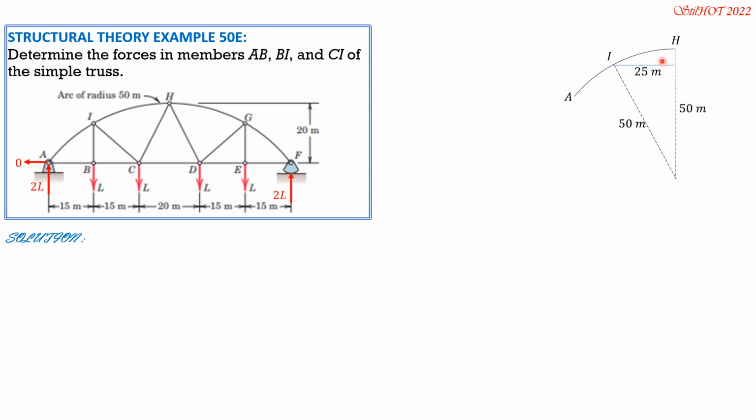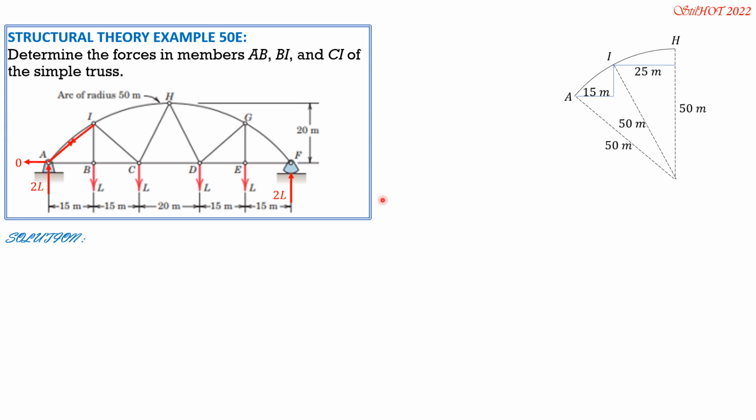Then, because this is horizontal and this is vertical, we can compute this angle, but what we need is this vertical distance. This is 15, and let's just call that vertical distance later. This is also 50 meters.